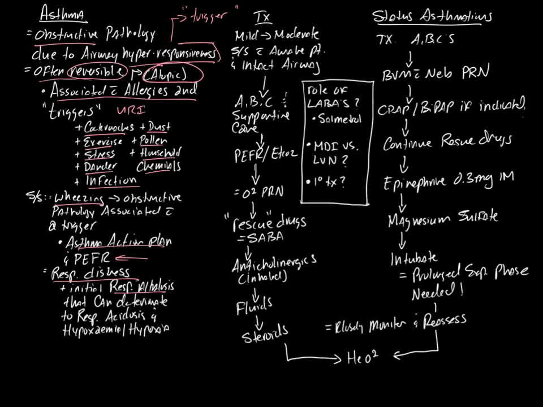So initially, you're not going to see the classic CO2 increase and the SpO2 decrease and all that, okay? If you were to look at their ABG early into the attack, you'd be like, oh, this is somebody who does not have a respiratory problem. They have a respiratory alkalosis, right? Don't let that fool you, though, because that can deteriorate to respiratory acidosis with hypoxemia or hypoxia.